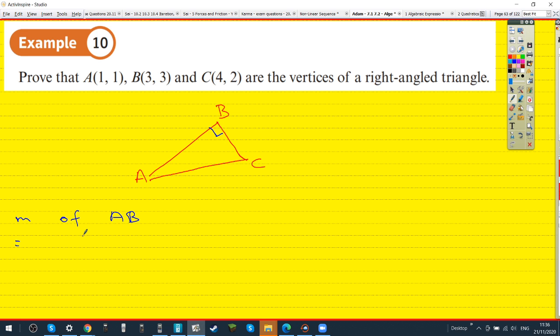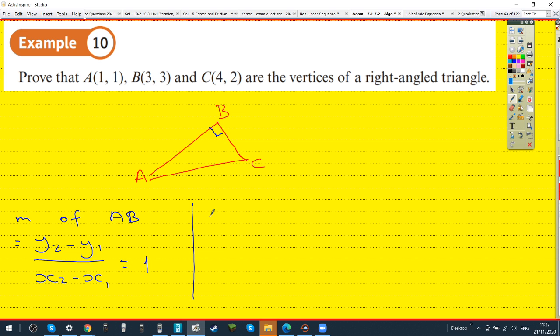We use y2 minus y1 over x2 minus x1. So it'd be 3 minus 1 over 3 minus 1, which would give you 1. So the gradient of AB is 1.